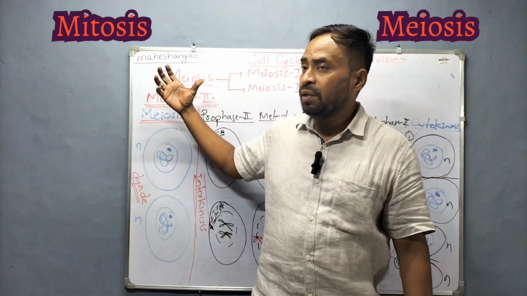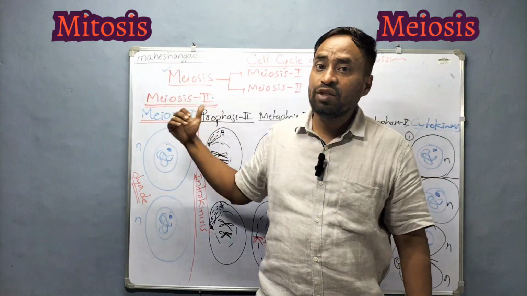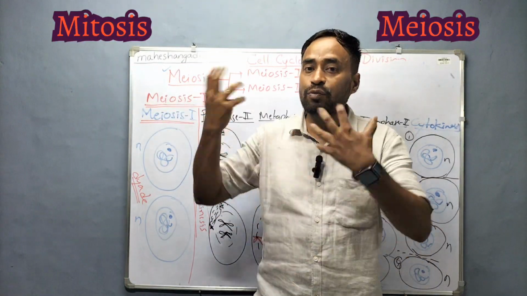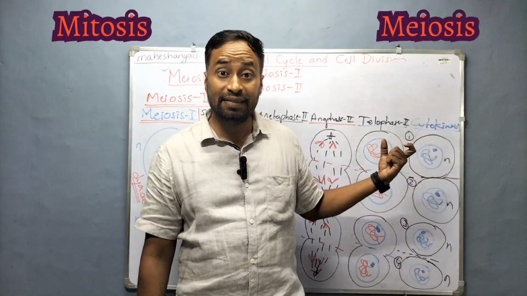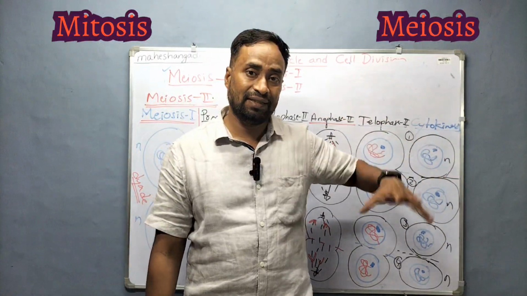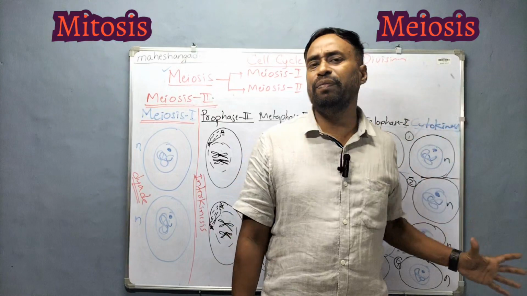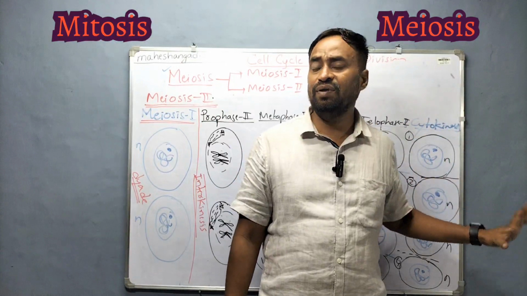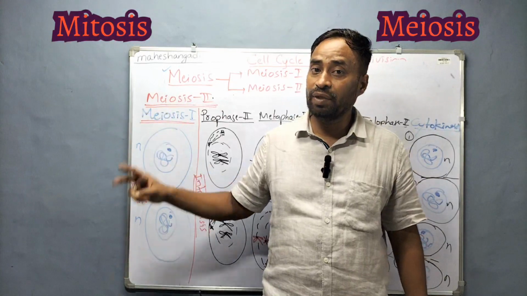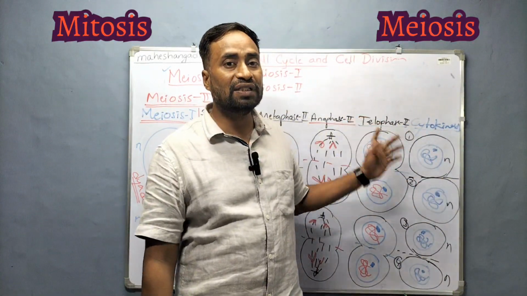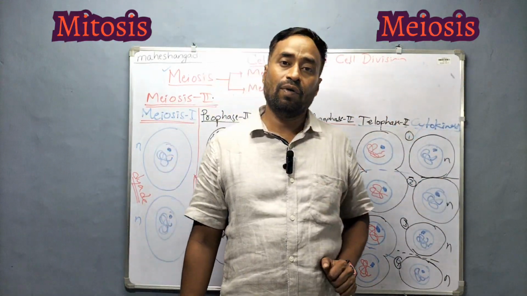Mitosis takes place in somatic cells, meaning body cells, whereas meiosis takes place in germ cells or sex cells, or you can say gamete mother cells, meiocytes. By the end of mitosis, two daughter cells are formed. By the end of meiosis, four daughter cells are formed.